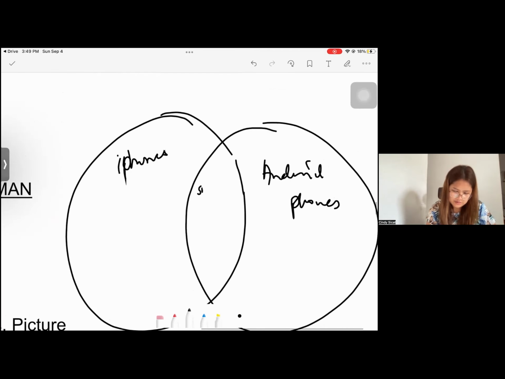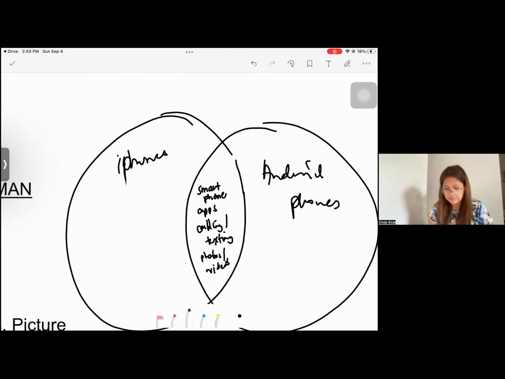First, these are smartphones. These could have applications. This can be used for calling or texting. This can be used for taking photos and videos. That's practically their purpose. They can also work as organizers. iPhones, on the other hand, have different ports and chargers as well.